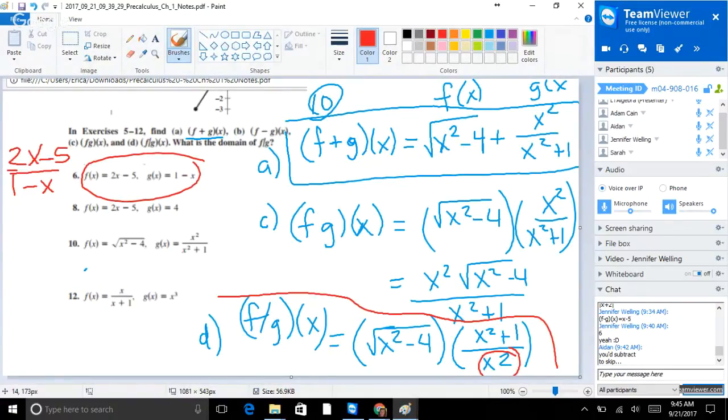All right, so for the combination of number 6, the domain would be all reals except when x equals 1. And why is that? Because when x equals 1, 1 minus 1 is 0, then we'd have a 0 in the denominator, and that's undefined. Okay? Makes sense?